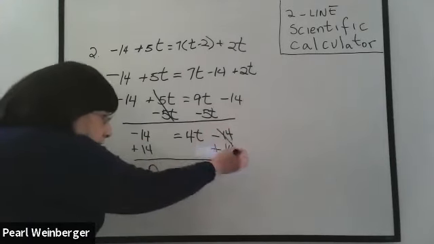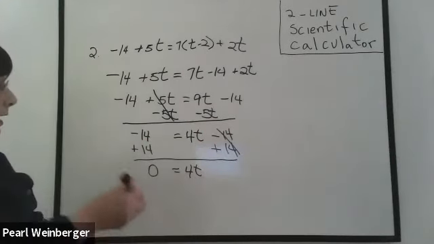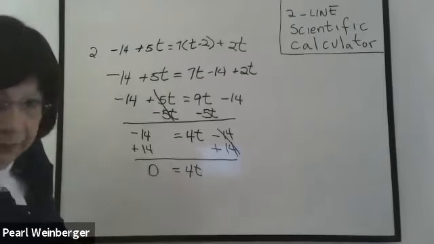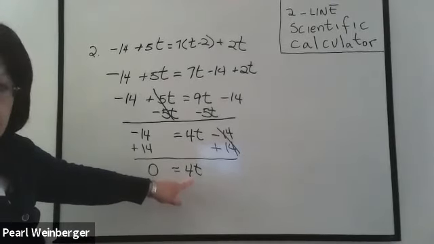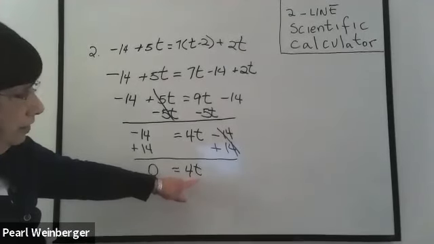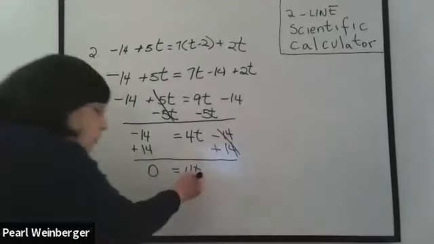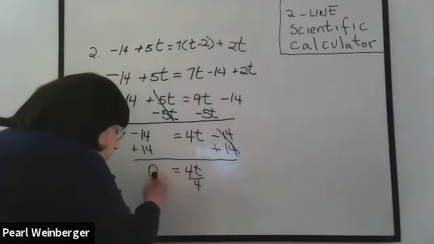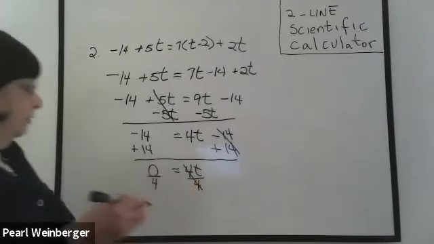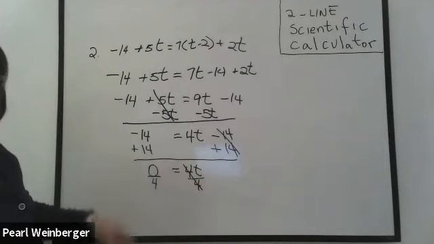And this cancels out. And my final step would be to divide by the coefficient of the t, the number in front of the t, which is 4. And that'll leave me 0 divided by 4.